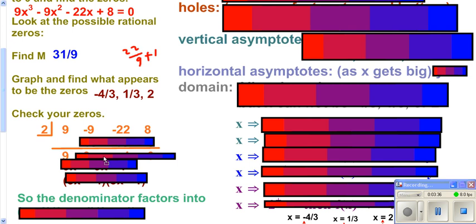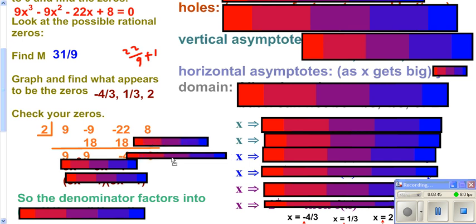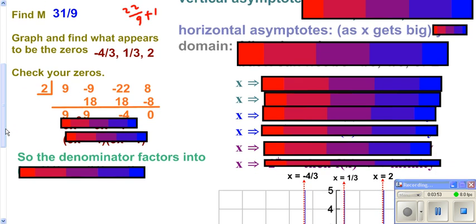Drop down the 9, multiply, add, multiply, add, multiply, add, and it does work. So we know then that an x minus 2 is a factor.